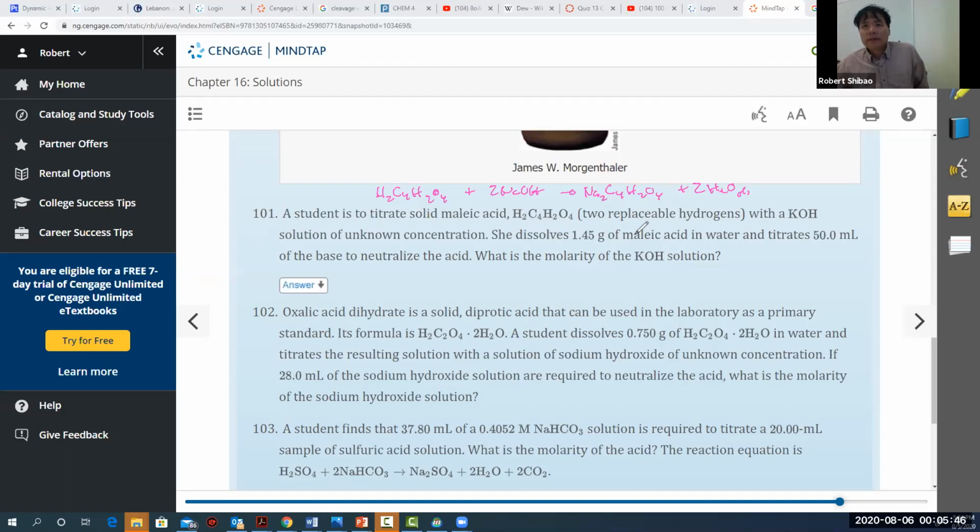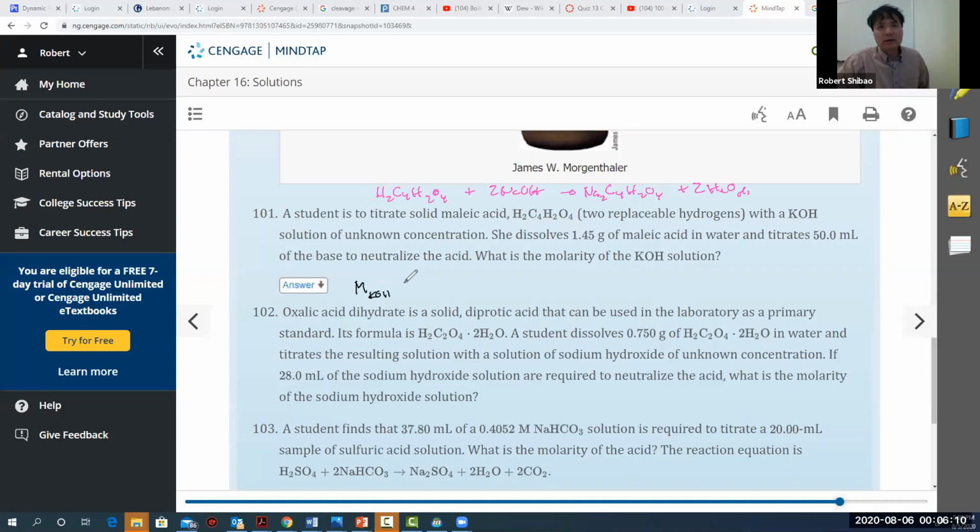So she dissolves 1.45 grams of maleic acid in water and titrates 50.0 milliliters of the base to neutralize the acid. What is the molarity of the KOH solution? So again, whenever we want molarity, then we set it up as a titration type problem. I just put molarity, we want the molarity of KOH.